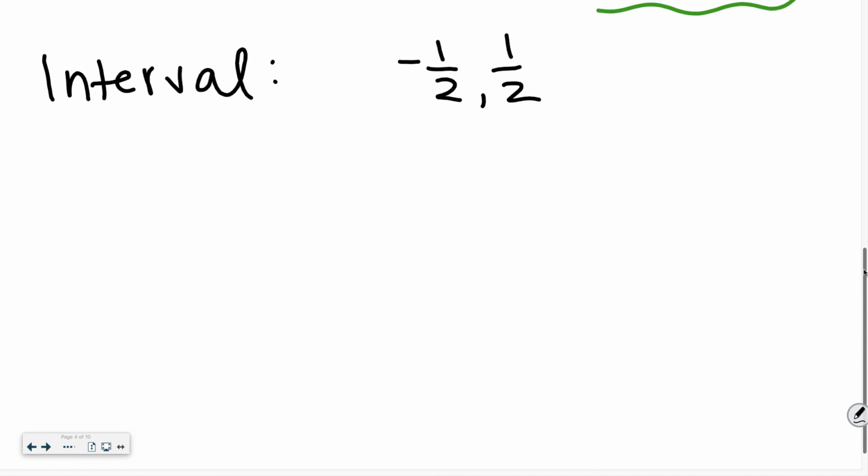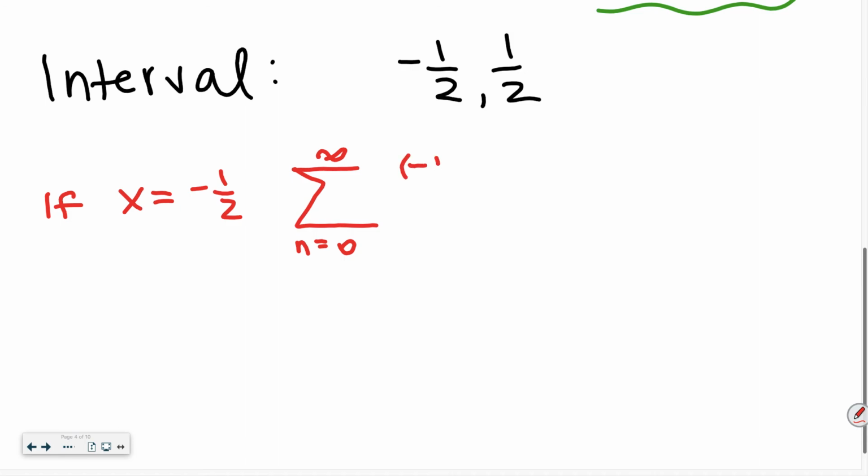So, if x equals negative 1/2, then our series is n equals 0 to infinity of, what's 2 times negative 1/2? So negative 1. So we have negative 1 to the n, sorry, not 2n.